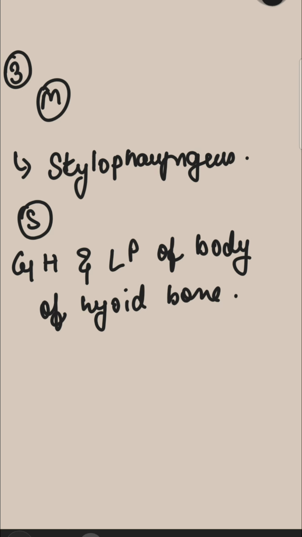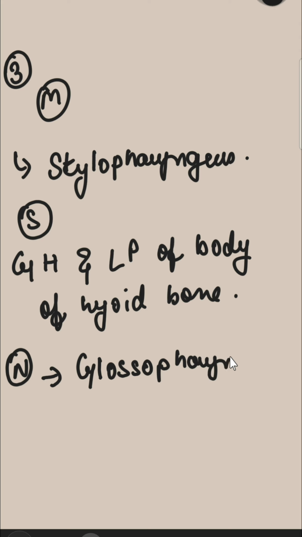We had the lesser horn and upper portion of the body of hyoid bone in the second arch. Here we have the greater horn and lower portion of the body of the hyoid bone in the third arch, and the nerve supply here is by the glossopharyngeal nerve. So this goes the third arch.